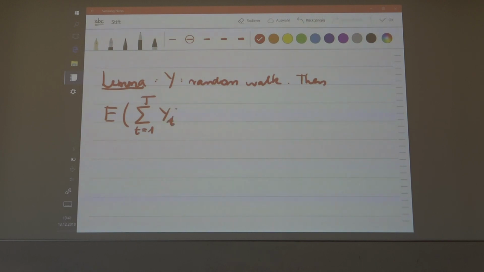The expectation of the sum of the squares is equal to sigma squared, which is the variance of the noise, times capital T times T plus 1 divided by 2.